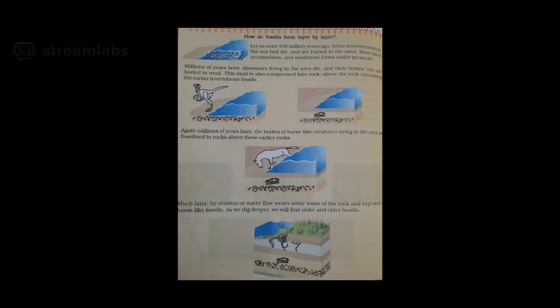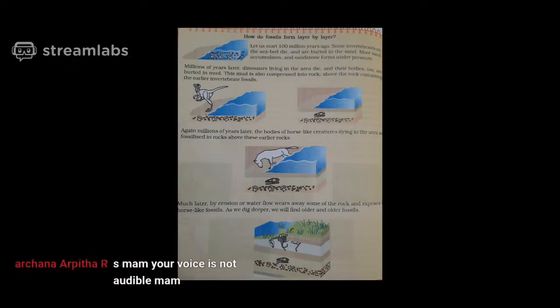It is by carbon dating. Carbon dating is a process where we use carbon isotopes in order to calculate the age of the fossil. Carbon dating is now used to identify the age of the fossil. So this is how the fossils were identified.